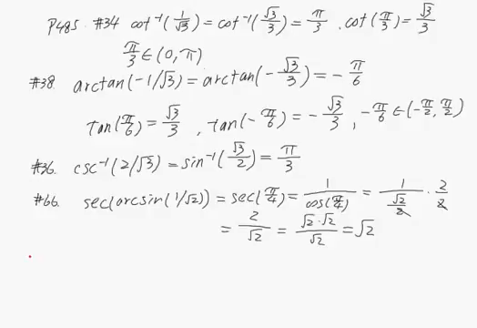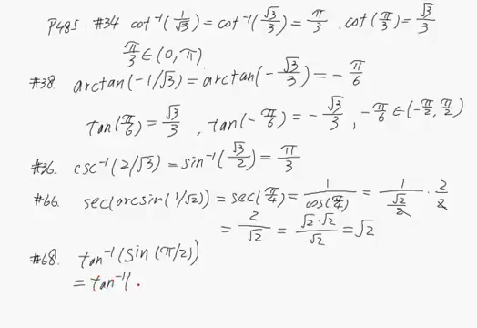Now let's look at 68. And let's look at the inverse tangent of the sine of half pi. And sine of half pi equals what? Sine of half pi, this is the simplest. 1, right?